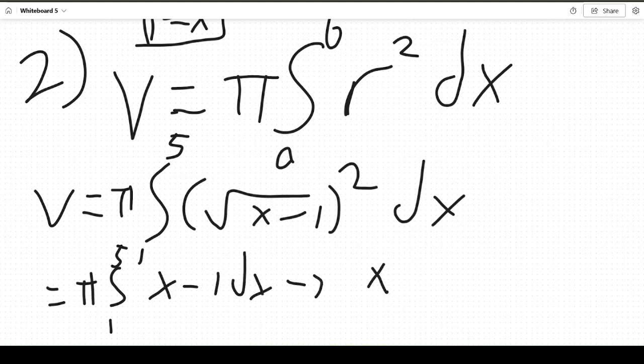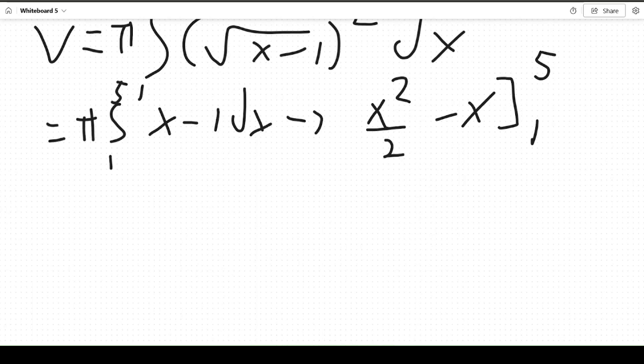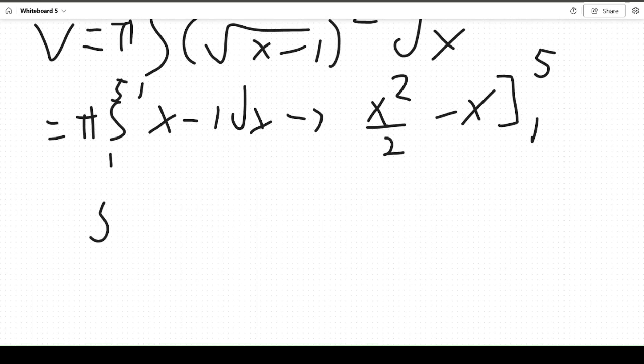Now we have to integrate it and plug in our x values.